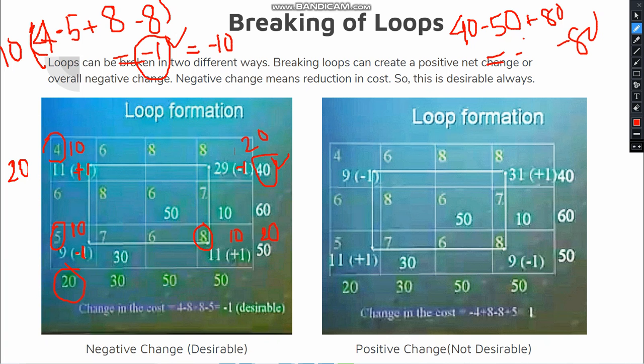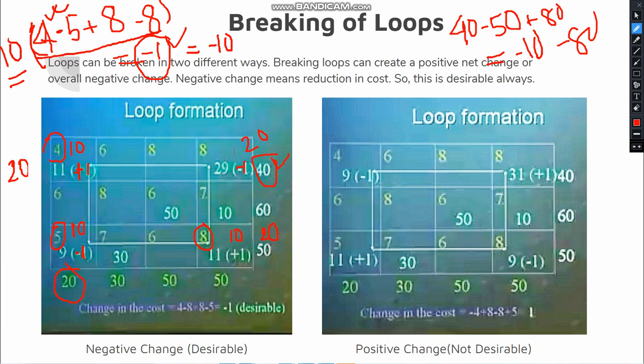Here it is also minus 10. So for the change of a single unit, this is the change. For the change of 10 units, you're just multiplying by 10.